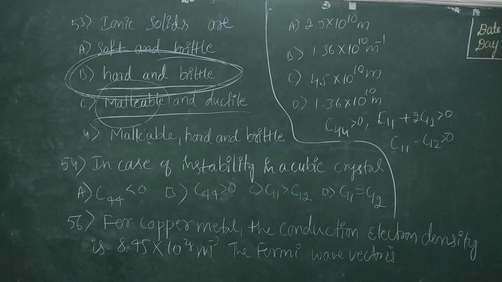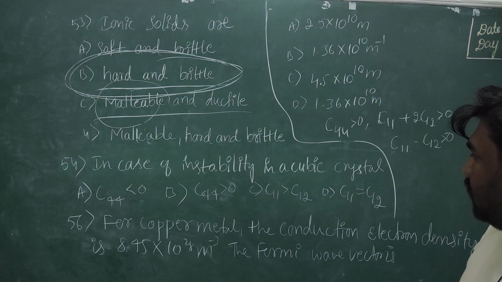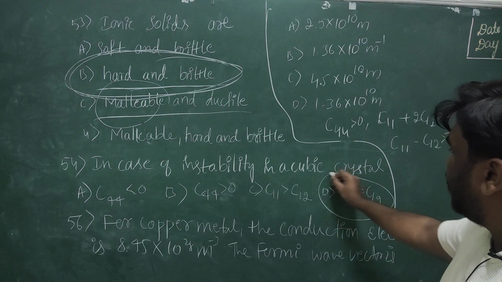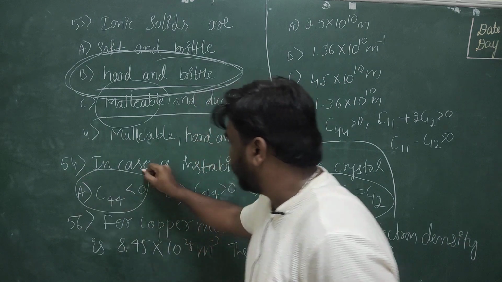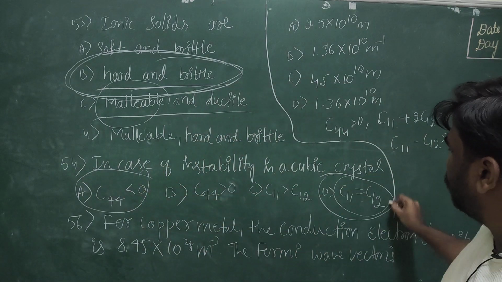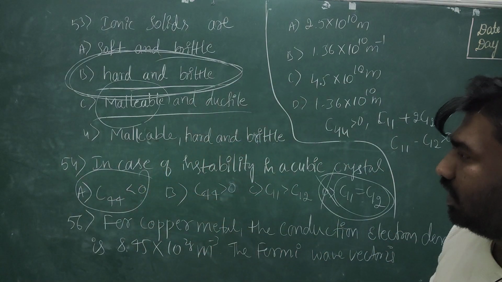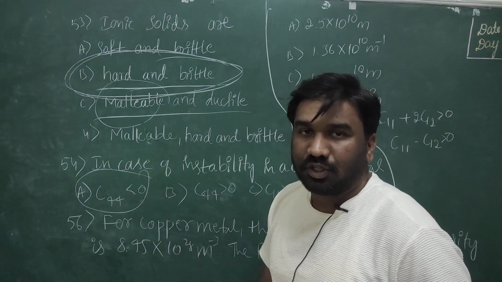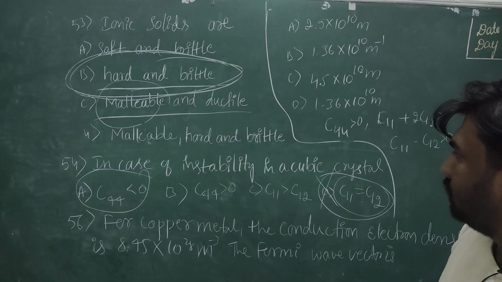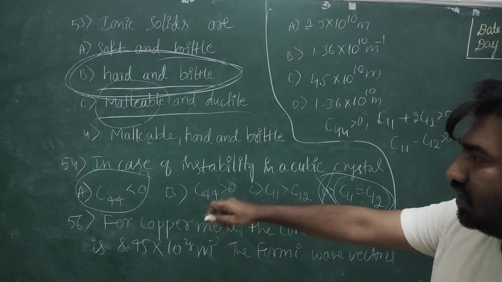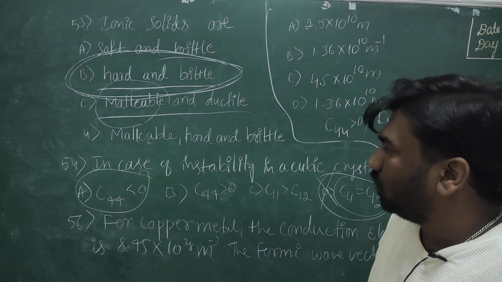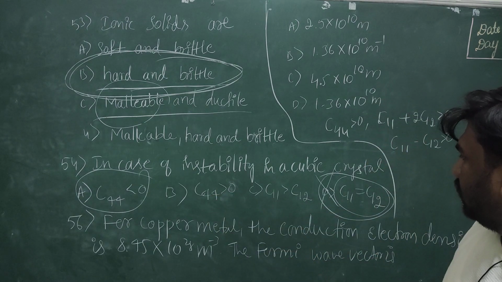But in the given options there are two dissimilar ones. C11 is equal to C12 is not a correct option actually, but C44 is less than 0. So this is the answer, but actually this question is a little bit doubtful for me also.